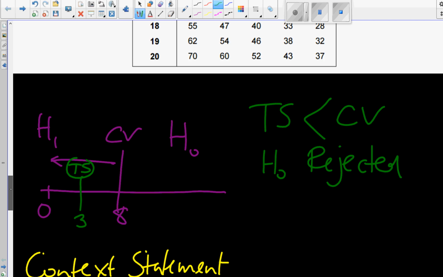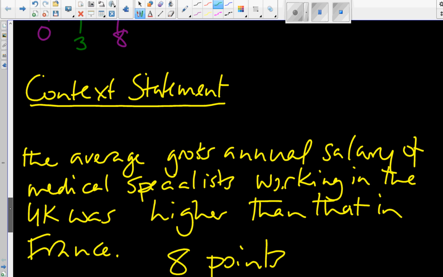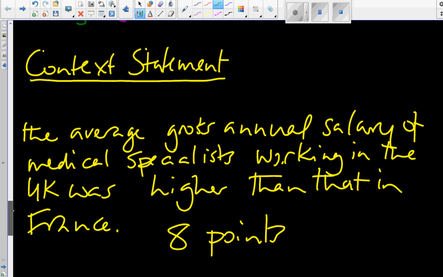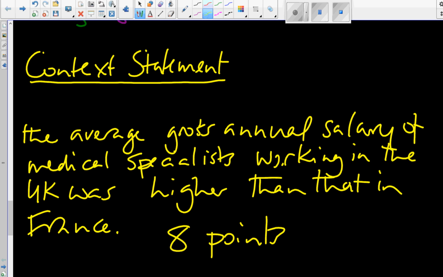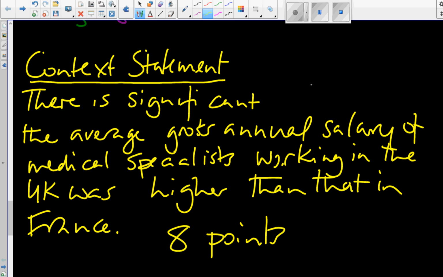We also need now to complete a context statement. Now, as we saw, the H0 was rejected. We know we're starting from a statement that goes, there is significant evidence that.